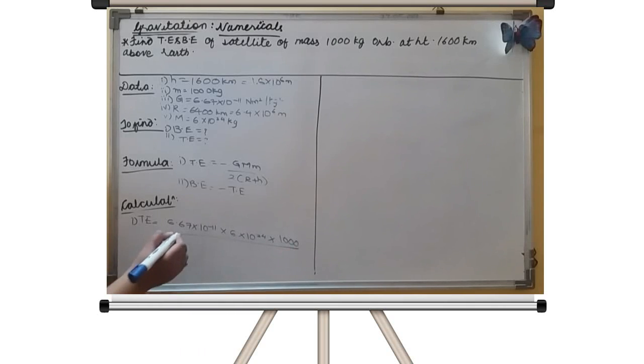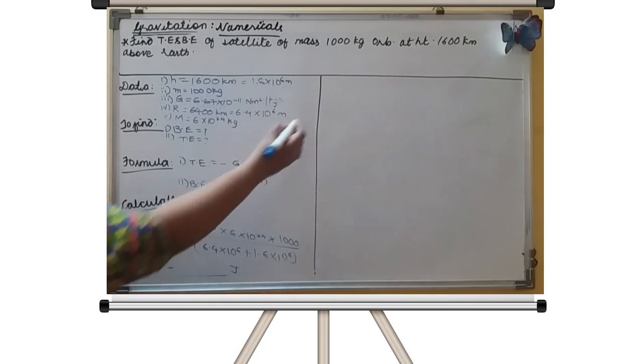You can write it down as 10 raised to 3 also. And 2, what is R? 6.4 into 10 raised to 6 plus, what is height? 1.6 into 10 raised to 6. First solve the bracket, then multiply it with 2 and you will get your total energy in negative form and in joule.